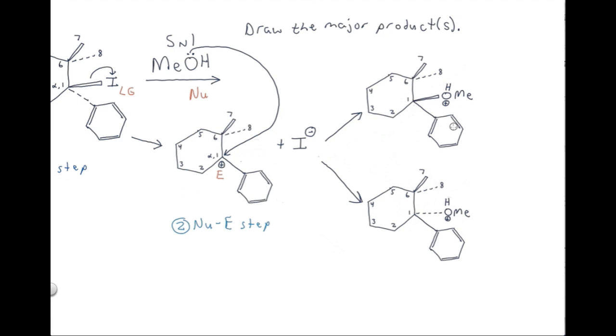Now, what about this benzene group? It no longer makes sense to draw the benzene on a solid line, right? Because now carbon 1 has changed back to a tetrahedral geometry. Carbon 1 is no longer a carbocation. Now carbon 1 is a neutral carbon with 4 attached atoms. It should be tetrahedral. And we know the way to show a tetrahedron is 2 solid lines, a wedge, and a dash. So in this picture, since the oxygen is on a wedge, the benzene has to change to a dash.